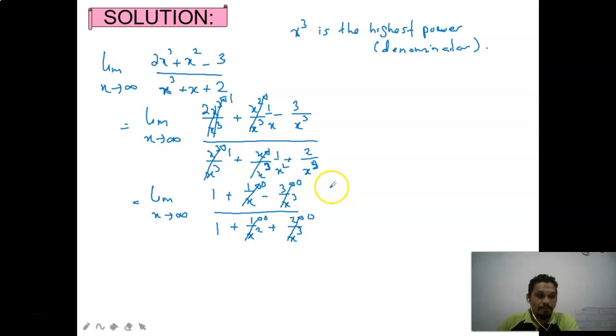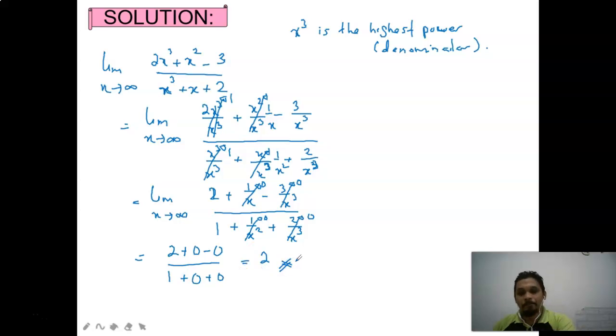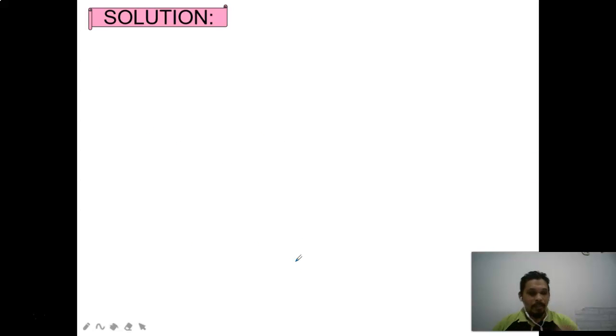So this is 2, 2 and 2. So we write it down as 2 plus 0 minus 0, divided by 1 plus 0 plus 0, equal to 2.